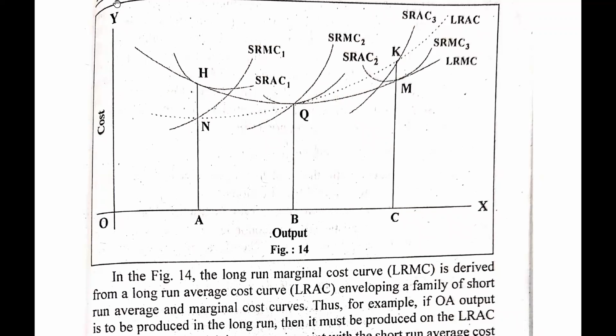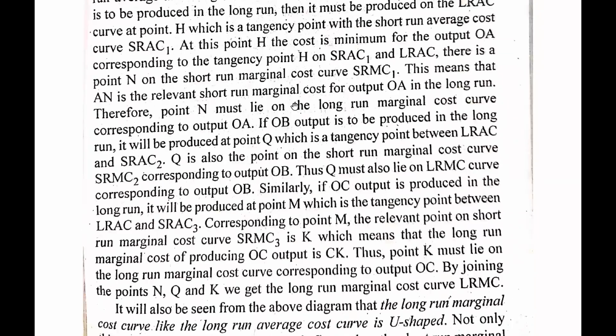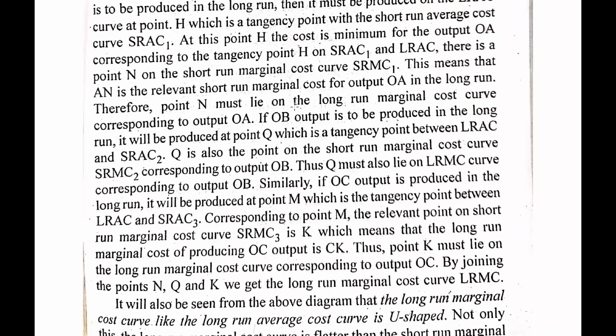In this diagram, the ultimately preferable point is Q, from OQ. When the company uses point Q, or this much output, there will be low cost, whether it is average cost, marginal cost, variable cost, or fixed cost. You just need to read this explanation point by point.